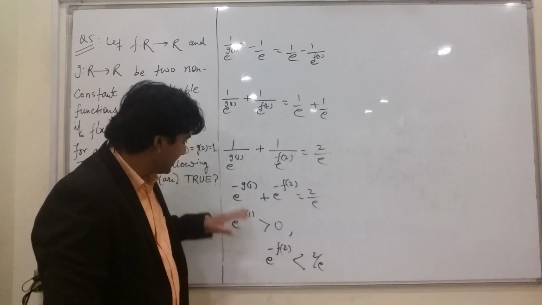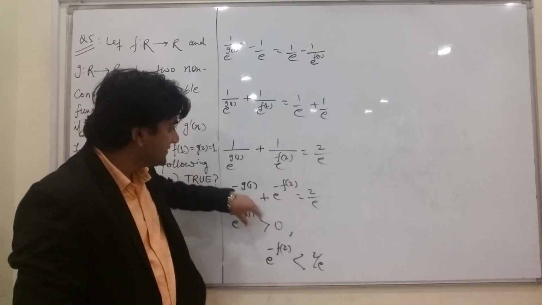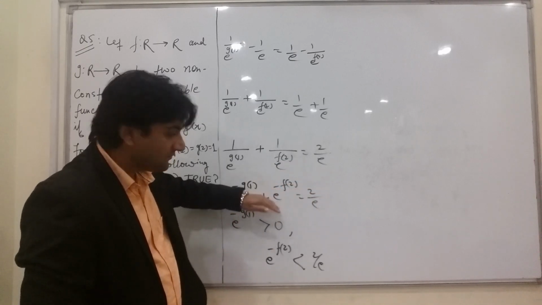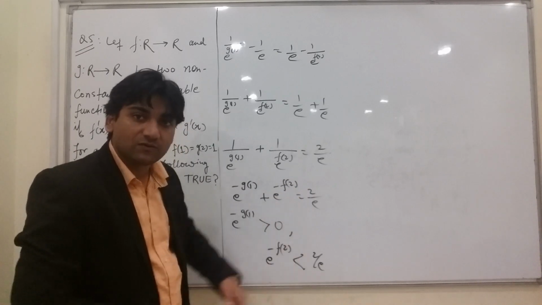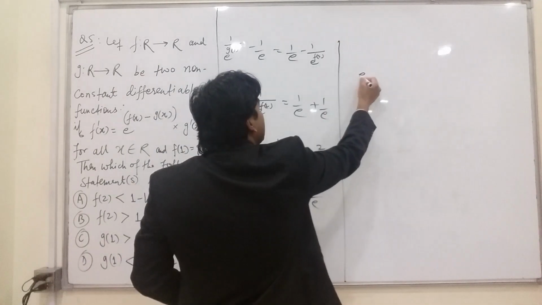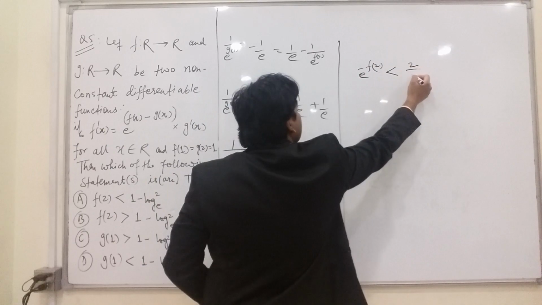Why always less than? Because this is positive. So if you add something greater than 2 over e, then the sum would be greater than 2 over e, right? So you have to add something which is smaller than 2 over e. So e raised to minus f of 2 is less than 2 over e.